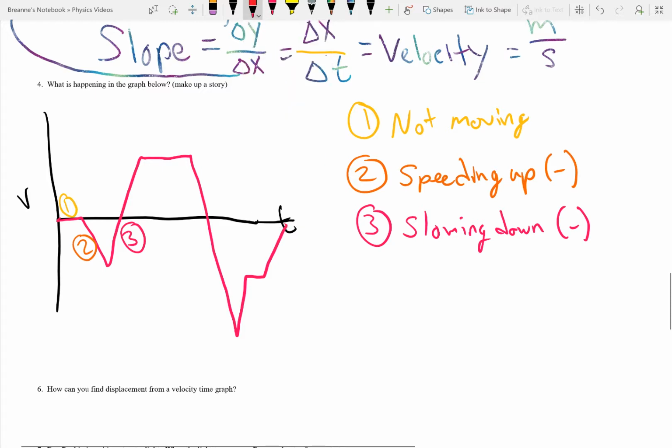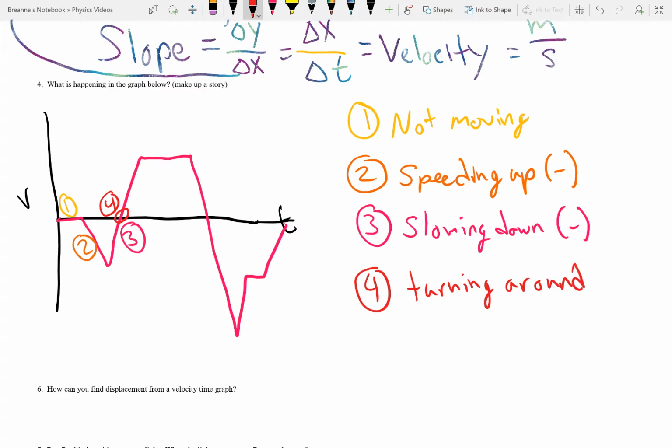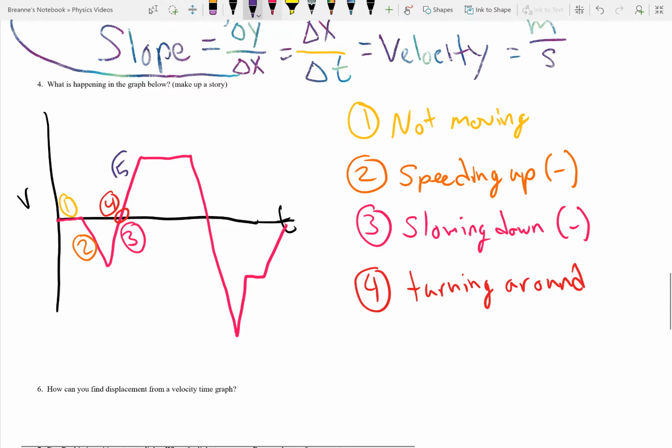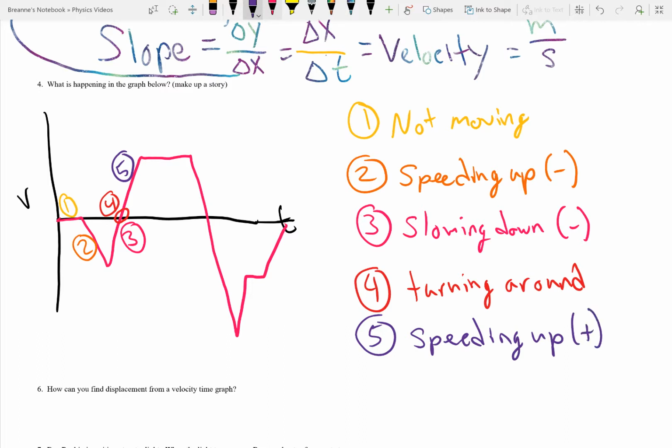So right here, make that 4. 4, we'd be turning around, because now you're going in the other direction. 5, you'd be speeding up because our numbers are getting bigger in the positive.